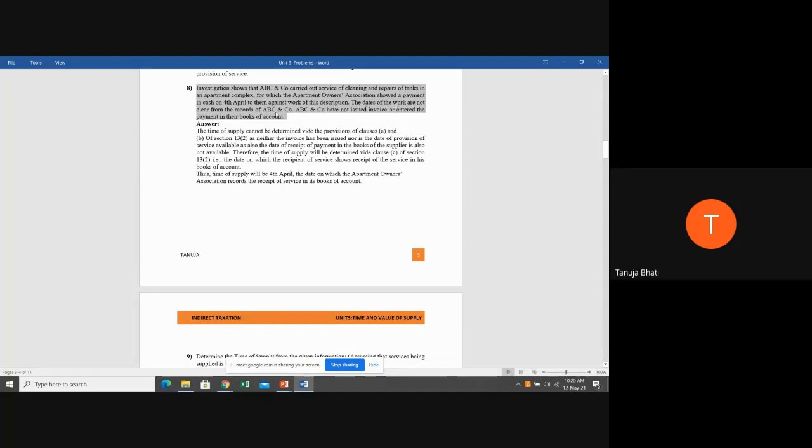The dates of the work are not clear from the records of ABC and Company, and ABC and Company have not issued an invoice or entered the payment in their books of accounts. So we need to know what is the time of supply.